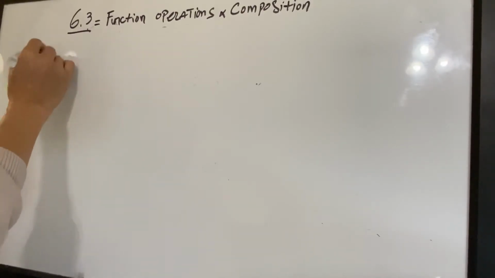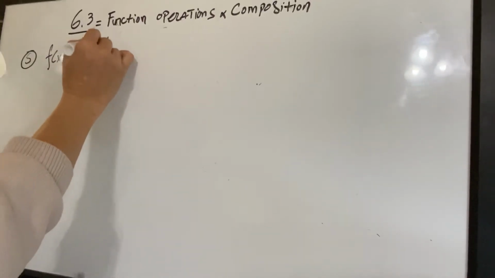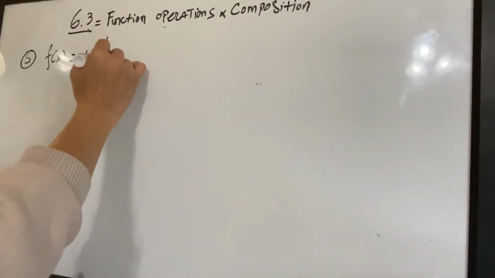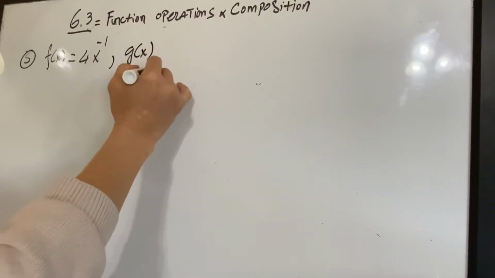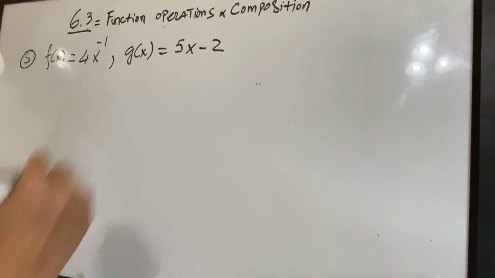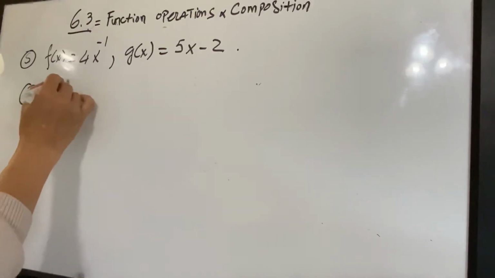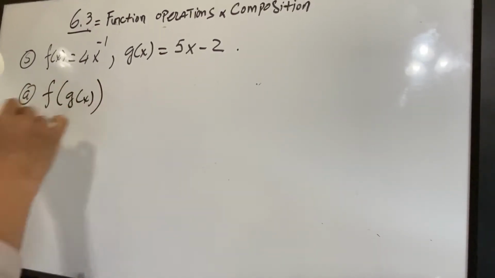Here you have f of x equals 4 times x to the negative 1, and you have g of x equals 5x minus 2. The problem asks us to conduct, what is part A? The composite f of g of x.